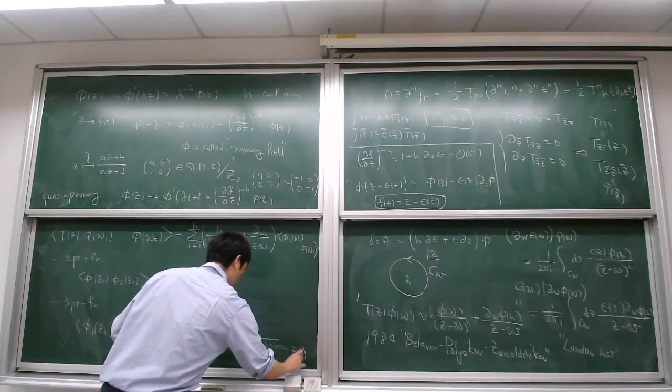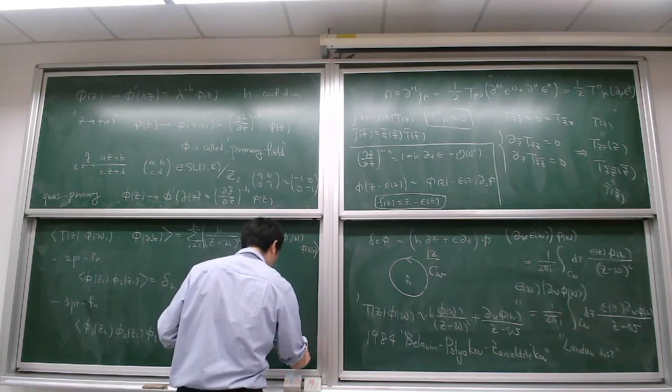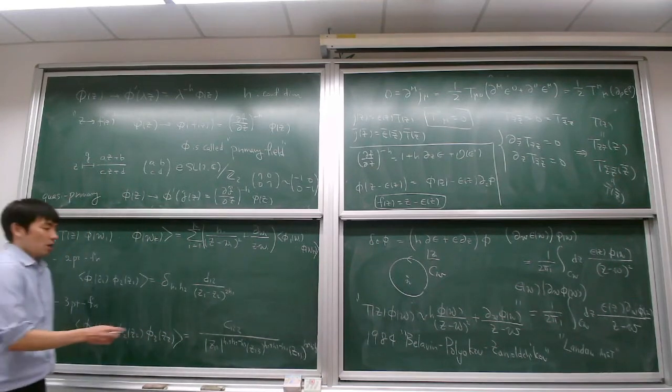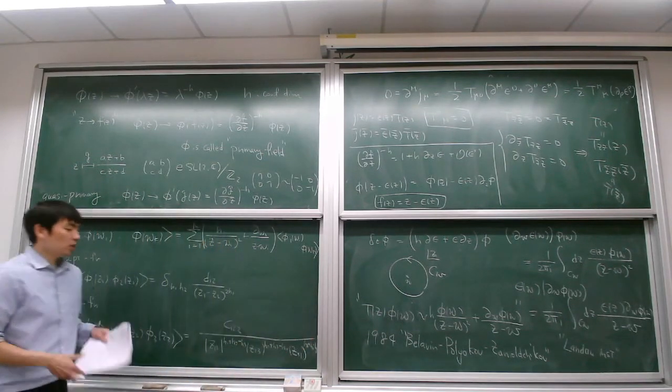So conformal symmetry is powerful. The form of the 3-point function is like this. It's determined.